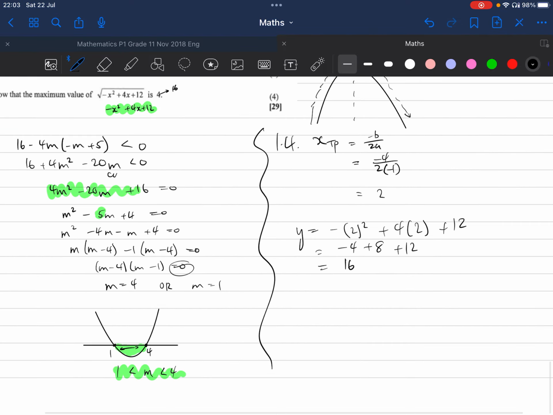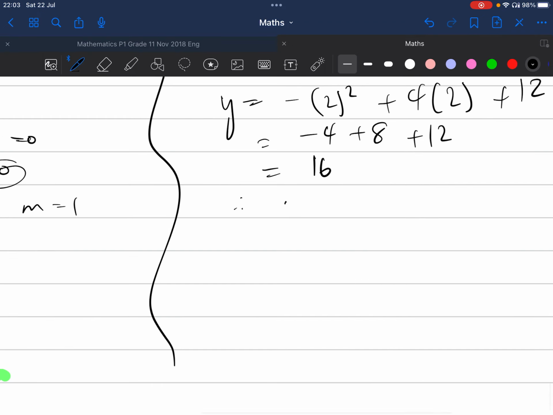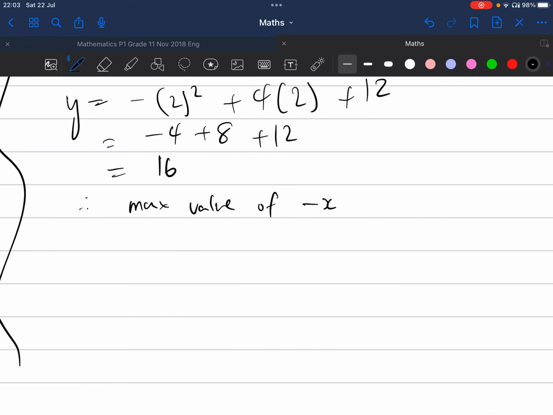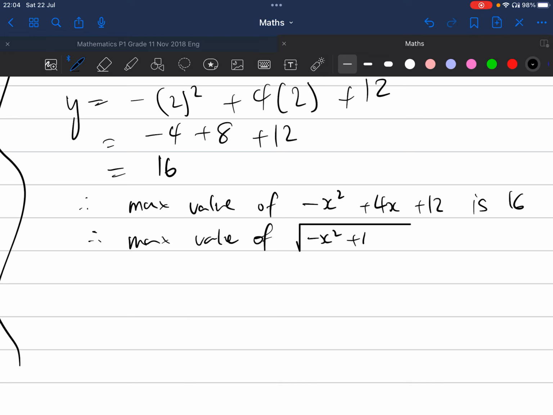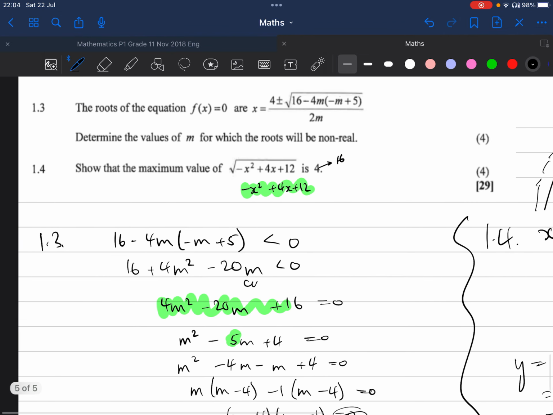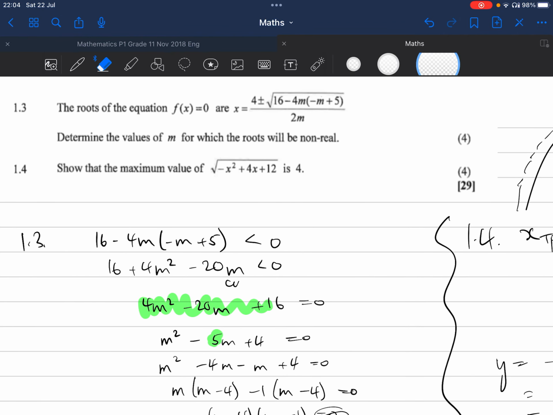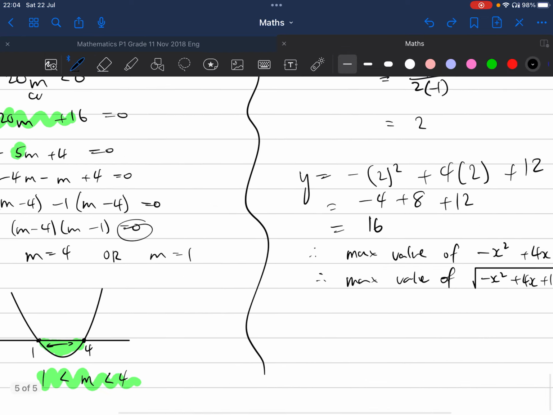Okay, so we can say, therefore, the max value of minus x squared plus 4x plus 12 is 16. Therefore, the max value of the root of minus x squared plus 4x plus 12 is the square root of 16, so 4. Okay, and that proves what we were asked to show, right? We were asked to show that the maximum value of that is 4, and we've done that, so that's the correct answer then.